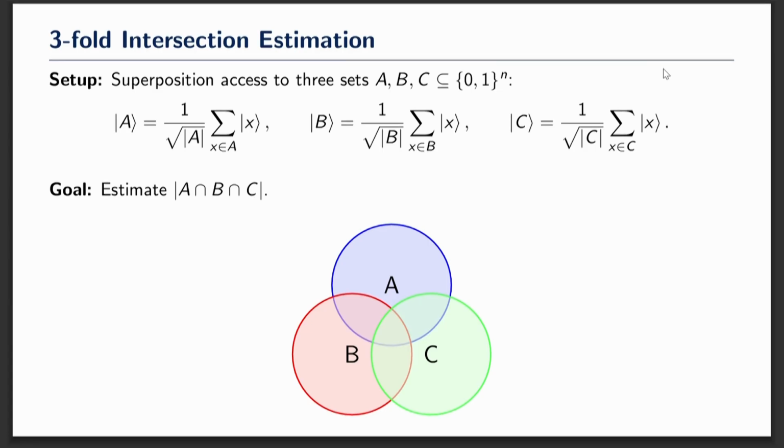If you could do this problem for 3 or anything higher, there's a very large class of problems that we could test. So we were really hoping that we could find a way to figure out the intersection of 3 sets from just copies of these states, but we ended up getting a negative result, and this is part of the reason this paper exists.